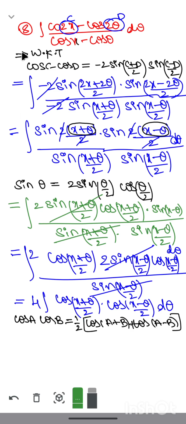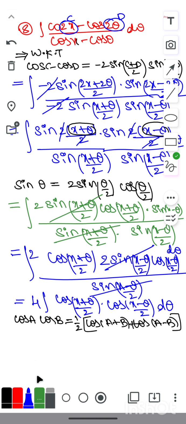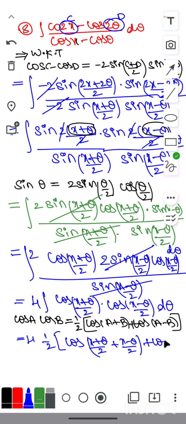So the previous step can be rewritten as 4 times cos A cos B is equal to half into cos of A plus B, where A is x plus theta divided by 2 and B is x minus theta divided by 2, plus cos of A minus B, that is x plus theta divided by 2 minus x minus theta divided by 2.